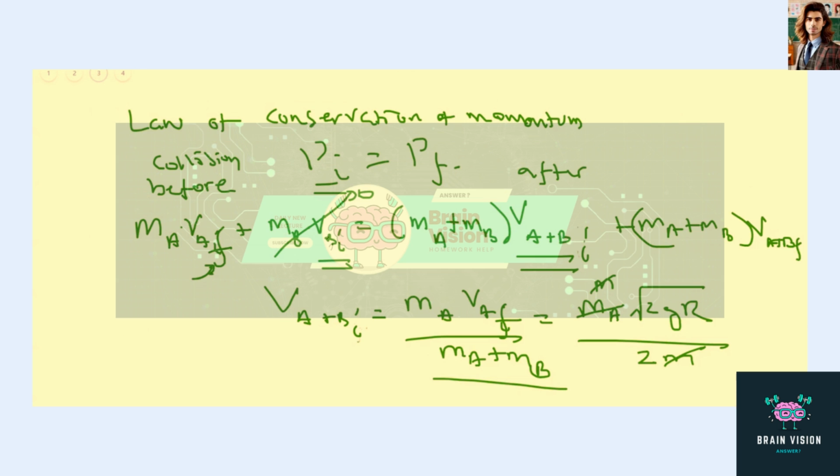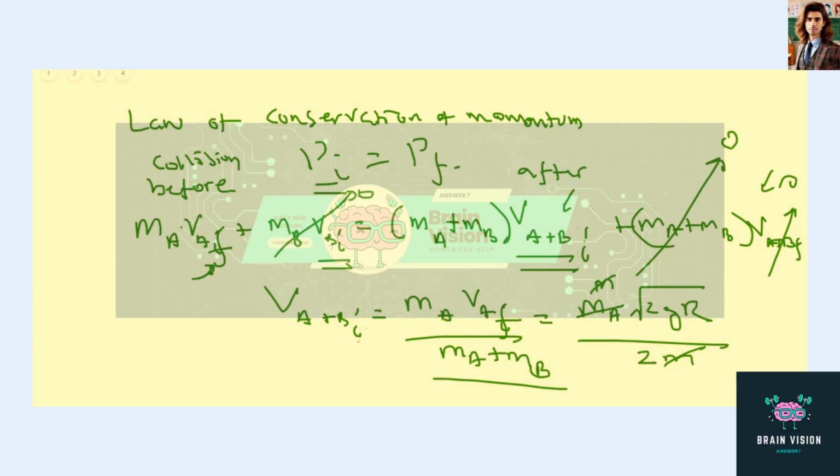And then when they collide, they're going to have an initial momentum and a final momentum. The final momentum will be zero because the final velocity is zero. So we compare that. We want to get the initial combined velocity when they stick together. That's what we're looking for.